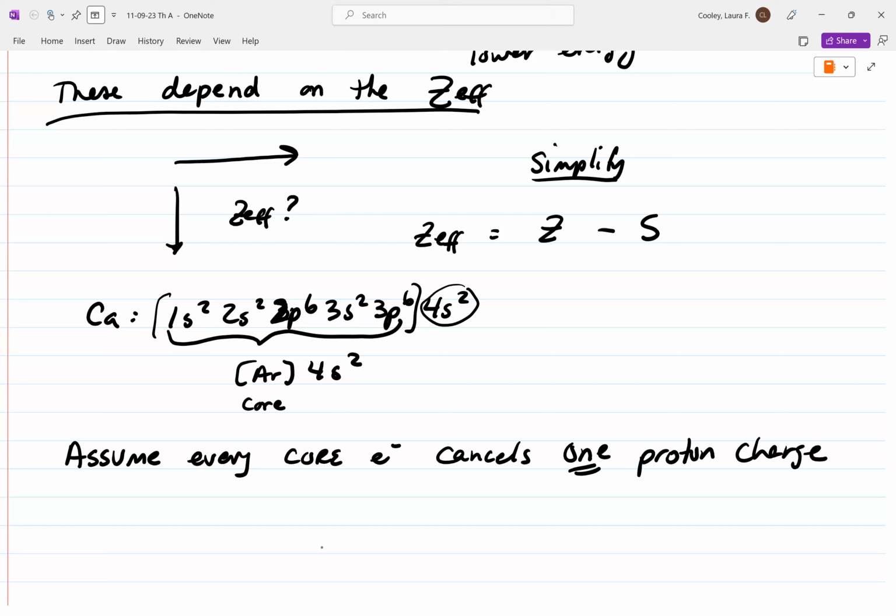In other words, all the core electrons do a perfect job of screening the nucleus. And we're also going to assume that the valence electrons don't shield each other at all from the nucleus.